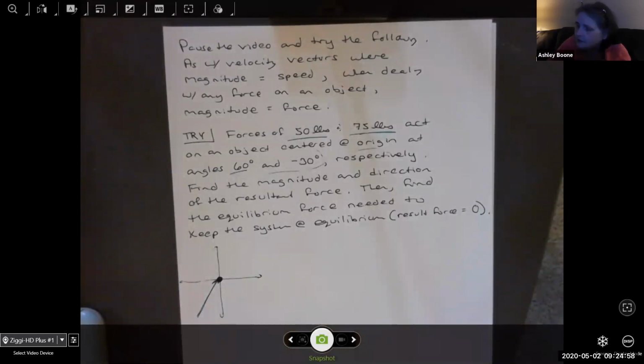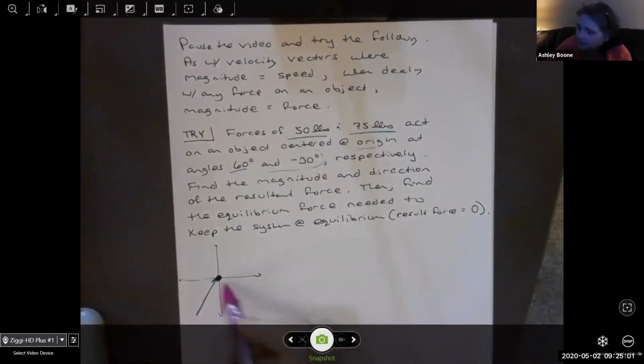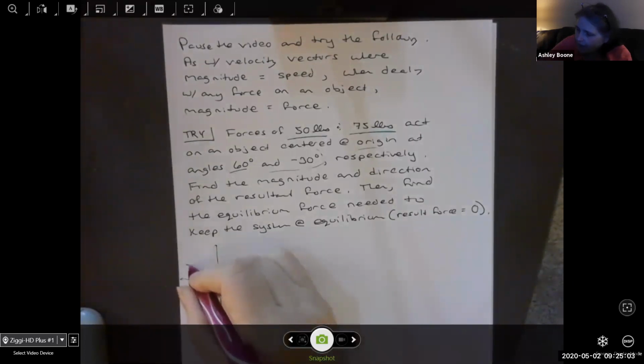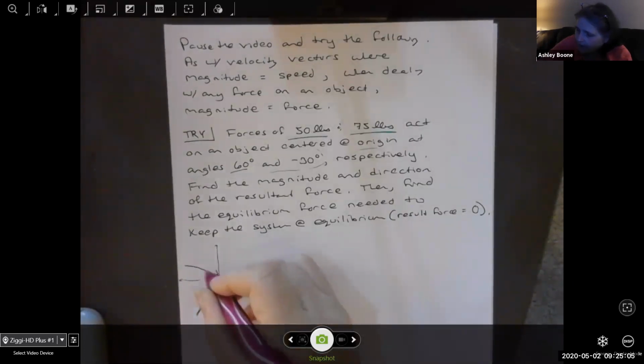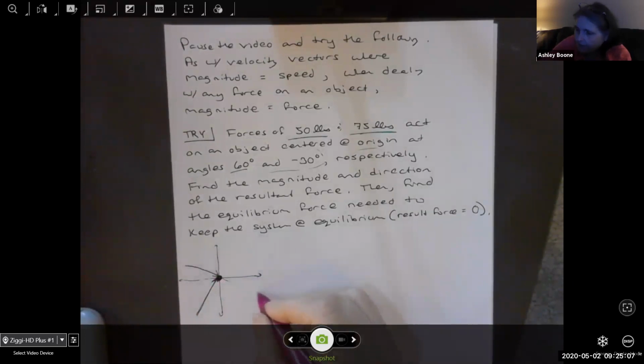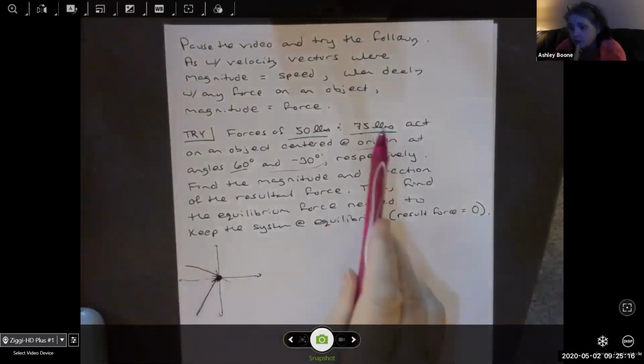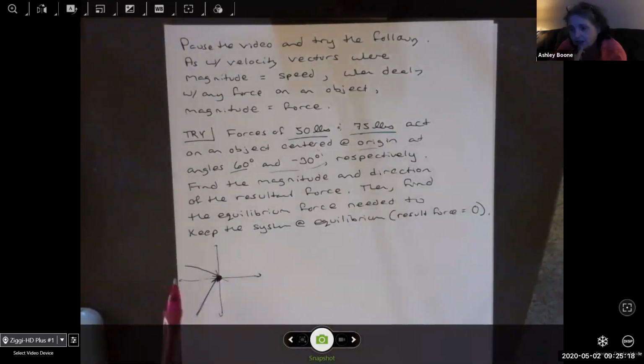Think about what negative 30 degrees is. Negative 30 degrees is like this. So we have another coming down like this, negative 30 degrees, acting on that object with a force of 75 pounds. Now, this one has a bigger force than this one, so it should have a little bit more of an effect than this one, okay?